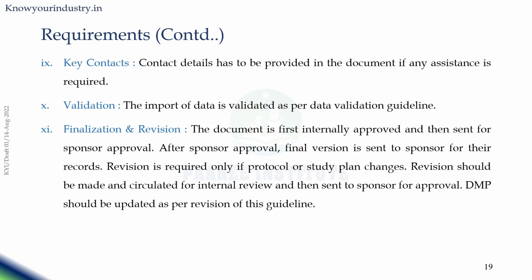Then the revision should be made and circulated internally, then sent to the sponsor. Once the sponsor approves it, the DMP document will also be updated and the concerned guideline also needs to be revised with the newer version as well as the effective date.